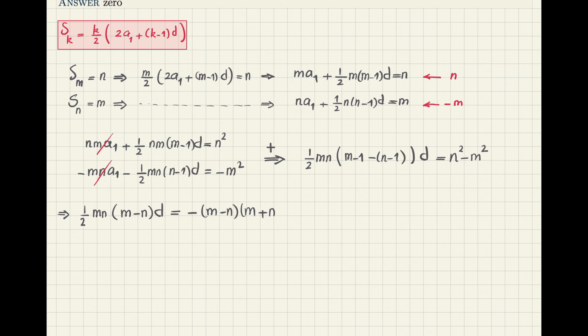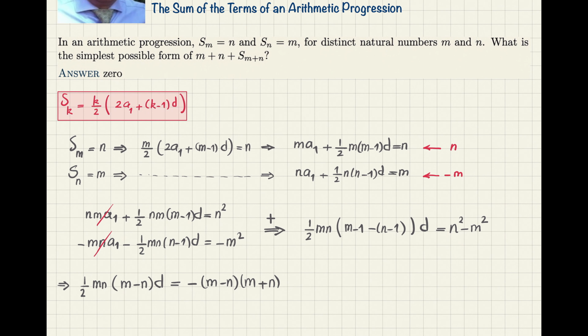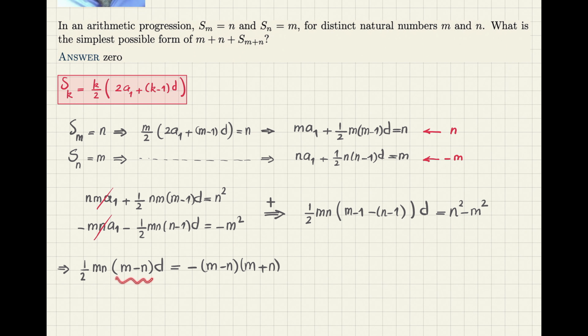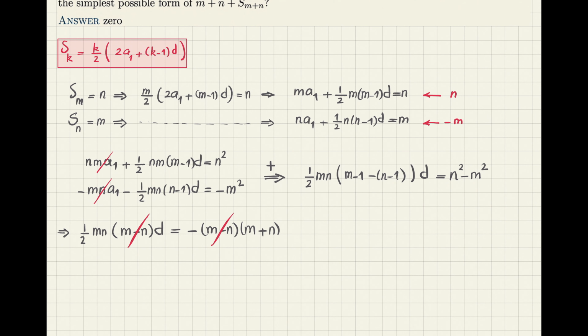times m plus n. But it is mentioned in the problem that m and n are distinct natural numbers, so this guarantees that m minus n is not equal to 0. So I can safely divide both sides by this m minus n, so m minus n is gone from both sides. So what is left for me is 1 over 2mn times d is equal to minus m plus n.